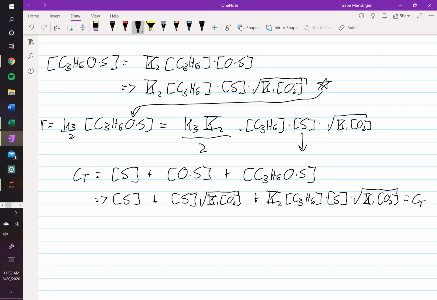And now we can take out the concentration of S out of each one and solve for it.